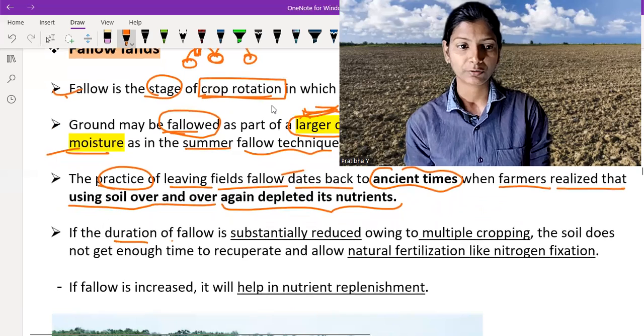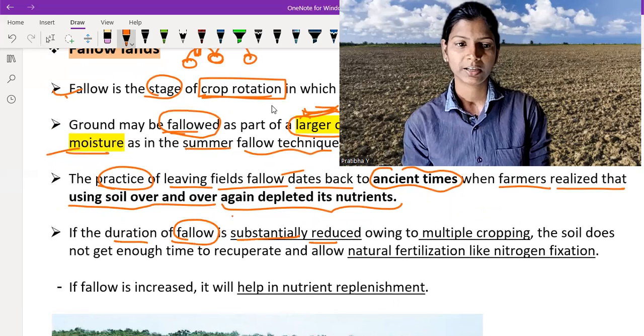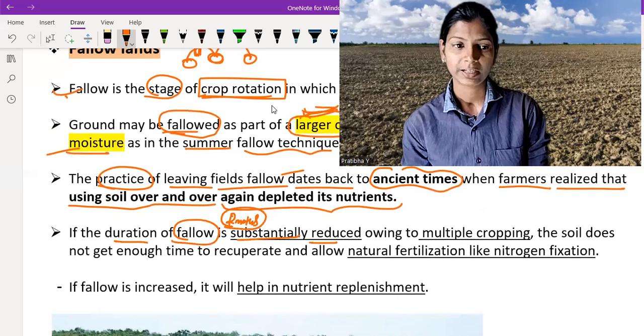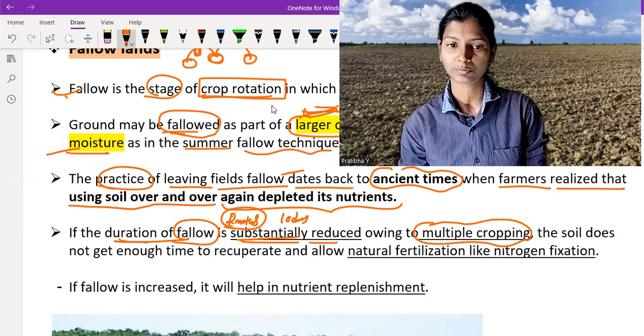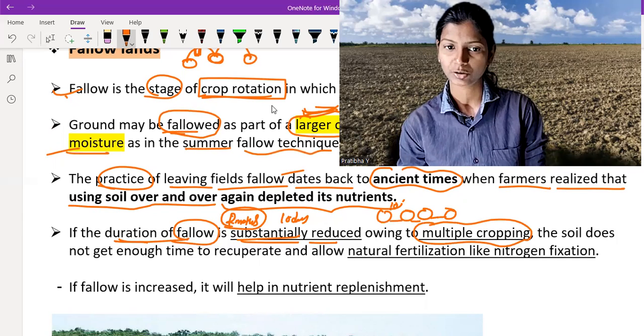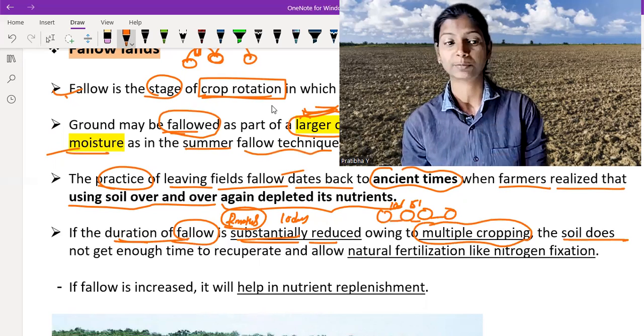If the duration of fallow is substantially reduced, say earlier it was 1 or 2 months with no crop grown on that field, and now it is reduced to 10 days owing to multiple cropping, so that they can raise one crop, two crops, three crops, four crops, and in between leave the land for only 10 or 15 days, then the soil does not get enough time to recuperate.